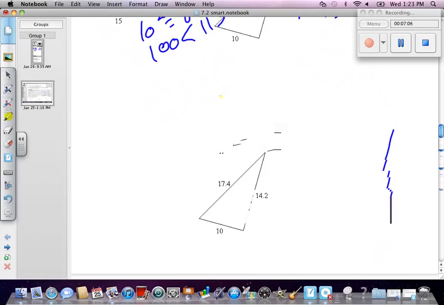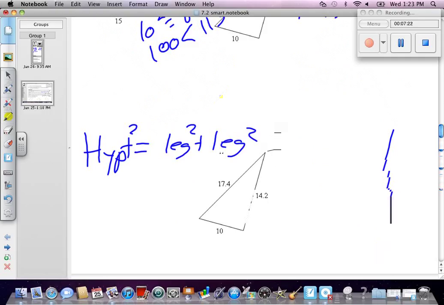Which one is the longest side? 17. Okay, so what we're doing is we're taking the hypotenuse and seeing if it's equal to the legs squared, right? That's a right triangle. If the hypotenuse is greater than the legs squared, it's what?